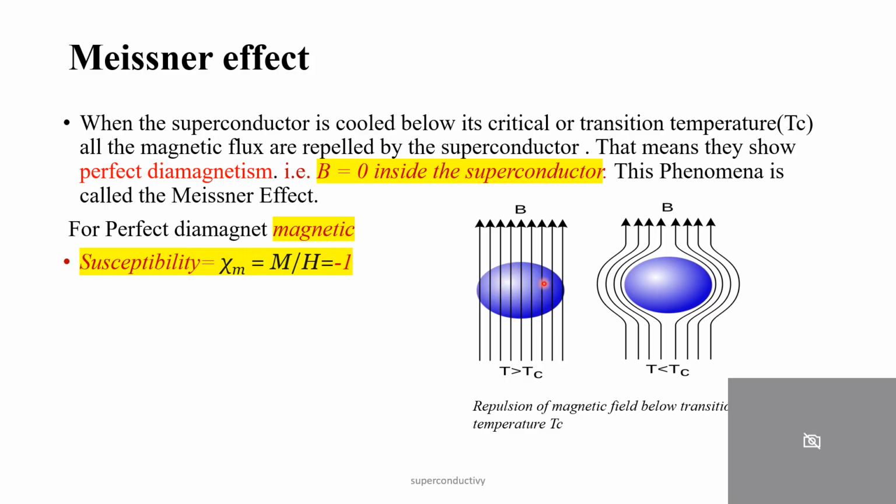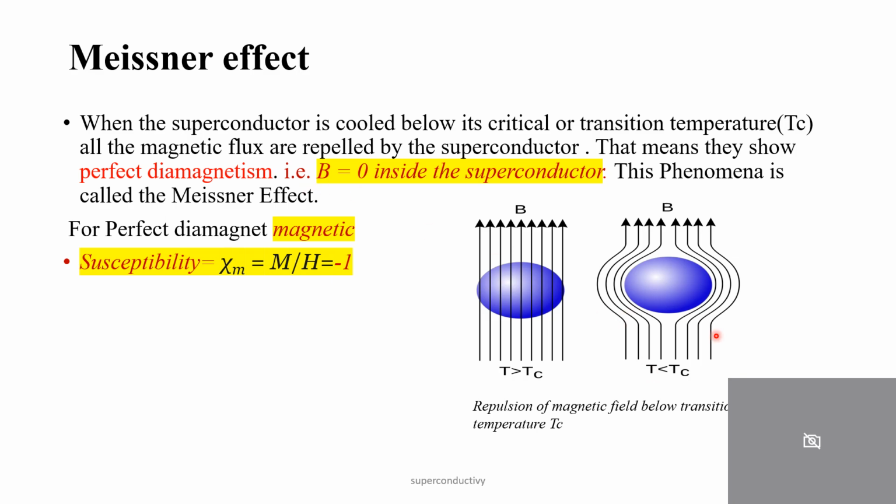Now in this case the temperature of the superconductor is above Tc, the critical temperature. In this case, all the magnetic lines of force pass through the superconductor. But when we decrease the temperature below Tc, the magnetic lines of force cannot pass through the material. That means the superconductor expels the magnetic lines of force. This phenomenon is called the Meissner effect.